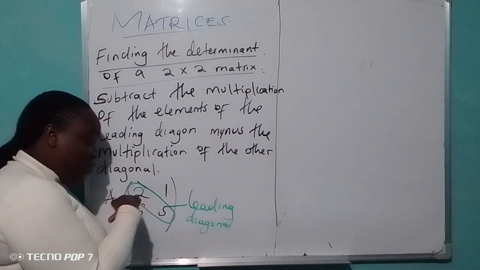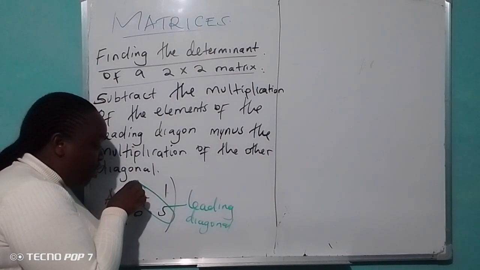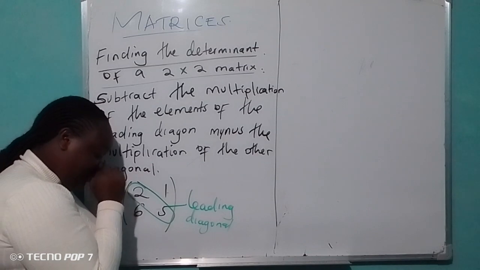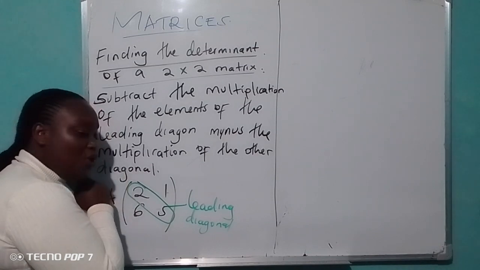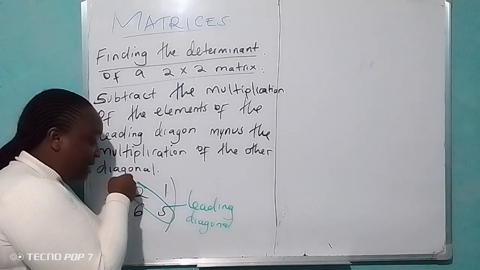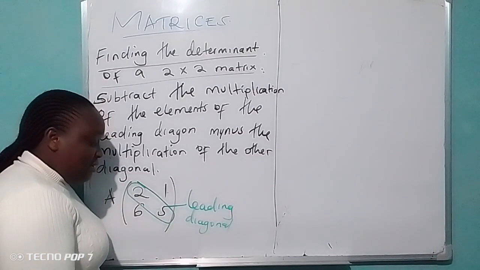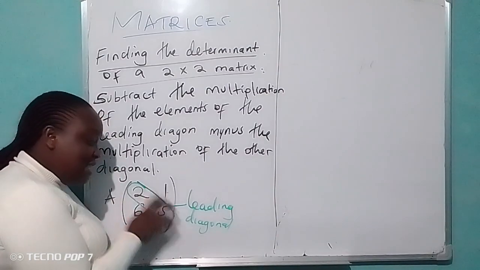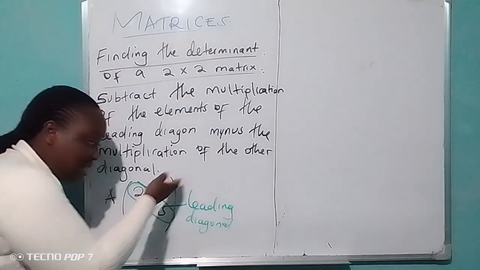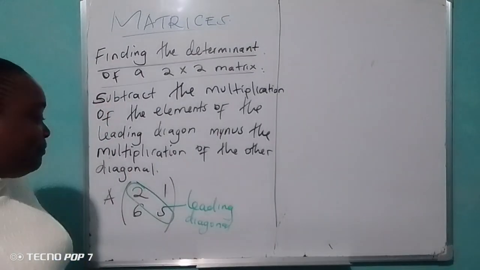That is the first element. Then when you go diagonally, not perpendicularly, but diagonally like this, that becomes the leading diagonal. Then this other one is the other diagonal.